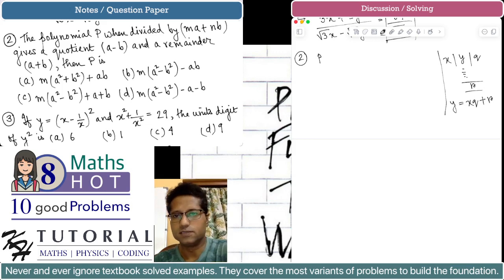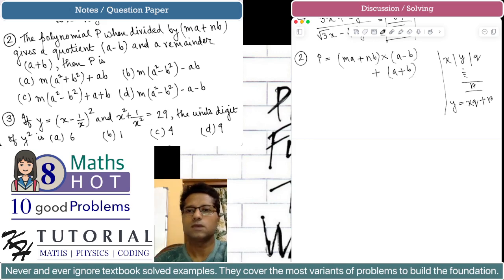So we can definitely say the polynomial, which is the dividend, will be equal to divisor multiplied by the quotient, that is a minus b, plus the remainder, which is a plus b. So now we have to find the product and the summation of algebraic expressions.